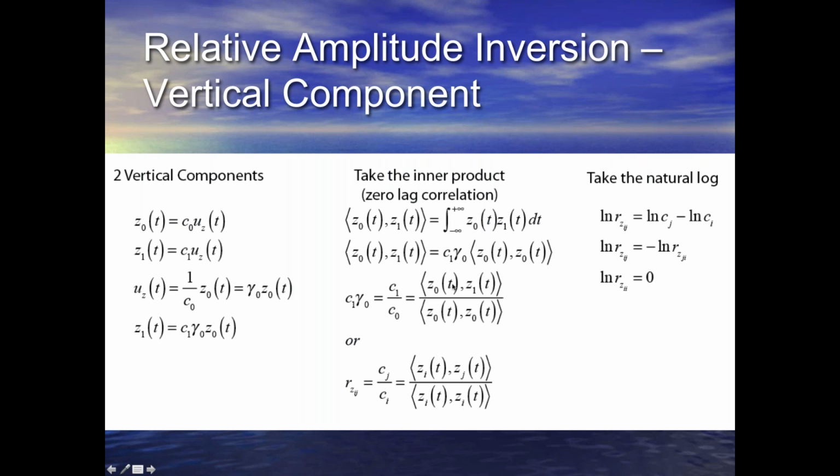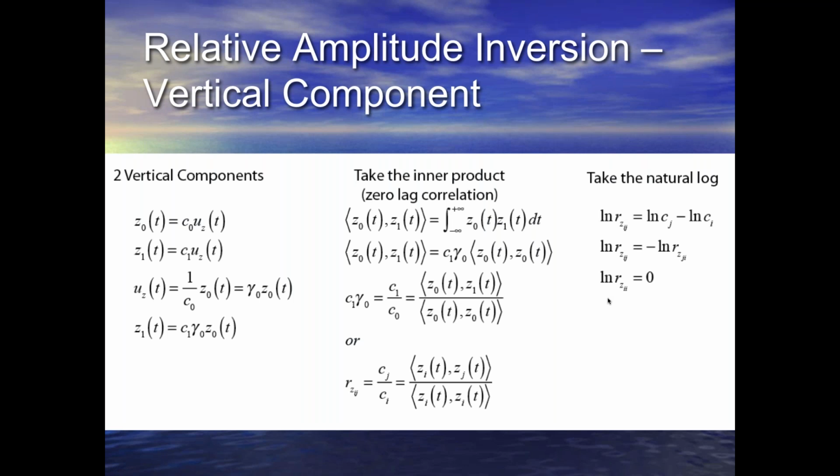So we get, this is one number over one number, and we get that ratio. We can take that ratio and then take the logarithm to get a nice linear relationship between the amplitude multipliers, and also have a constraint that the log of all those amplitude ratios come out to be 0, which means it's an amplitude of 1.